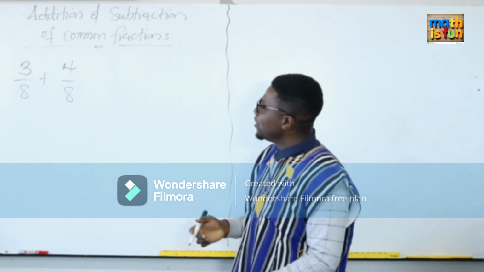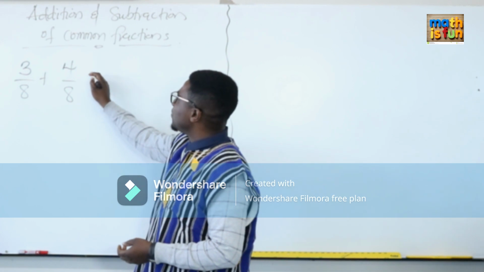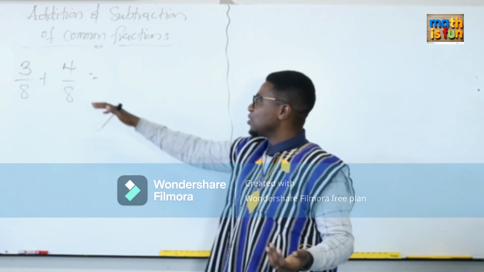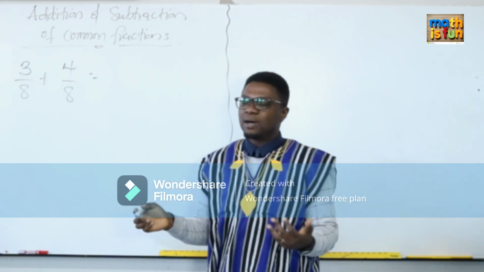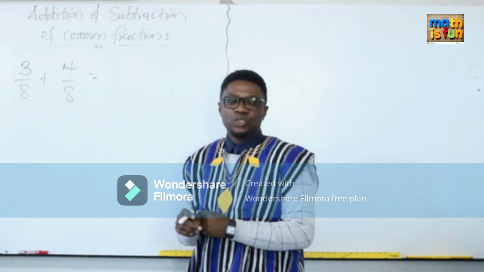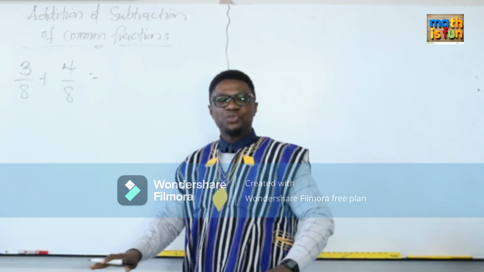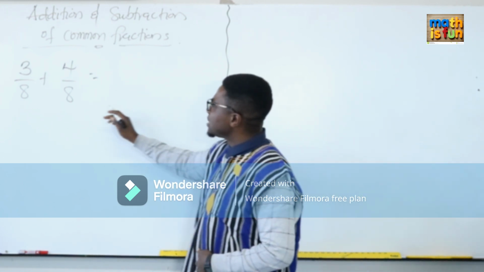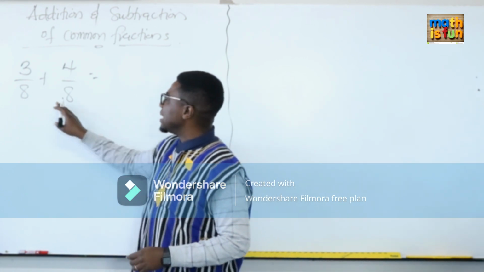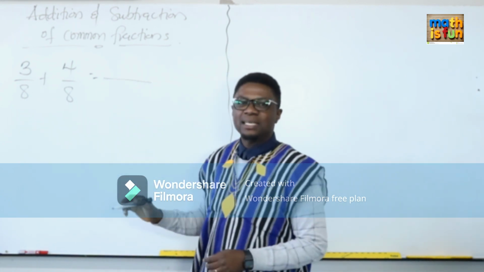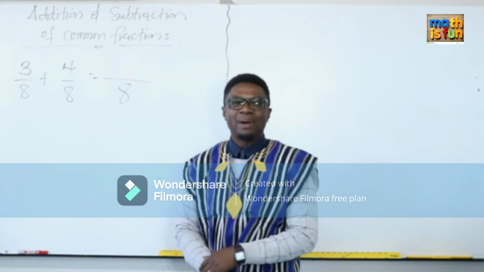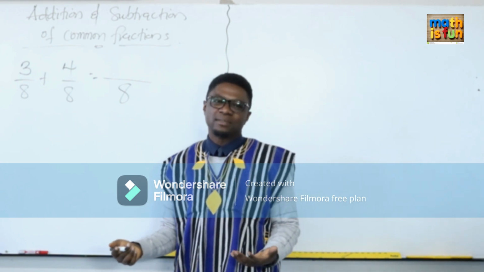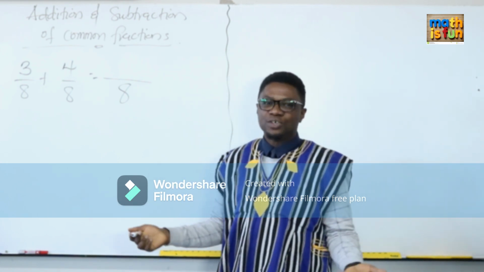Moving forward, whenever we are asked to add fractions this way, we can decide to work towards the right or our steps will go down. All that we have to know is that in grade 4 and early grade 5, when we are dealing with fractions of the same denominators, since I have a common denominator 8 and 8, then automatically I take 8 as my denominator, because we have a common denominator.